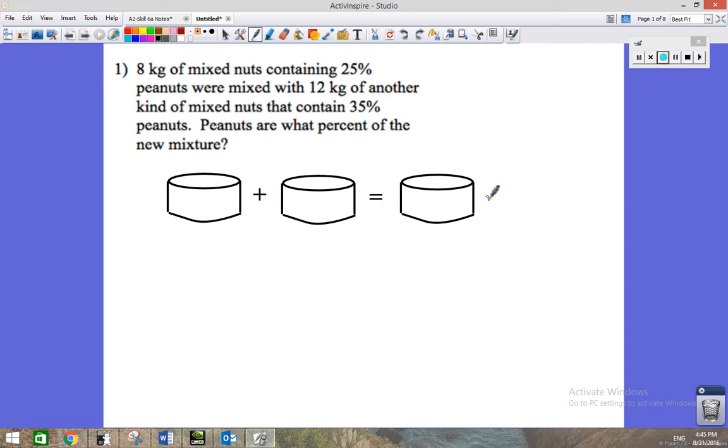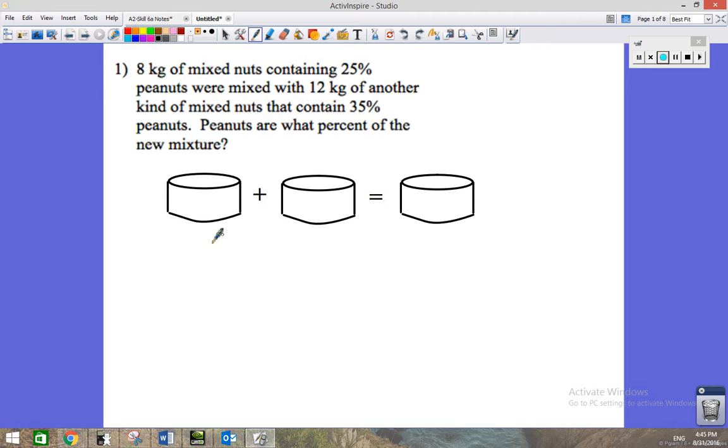In most of these problems with mixtures, we're going to be adding two ingredients to get a final mixture. So what I always do is use this picture to get a good visualization of what's going on with the problem. On the outside of the container, I put a label of the concentration, or if it's a dollar, the unit cost in some of the ones with peanuts and different things that you sell.